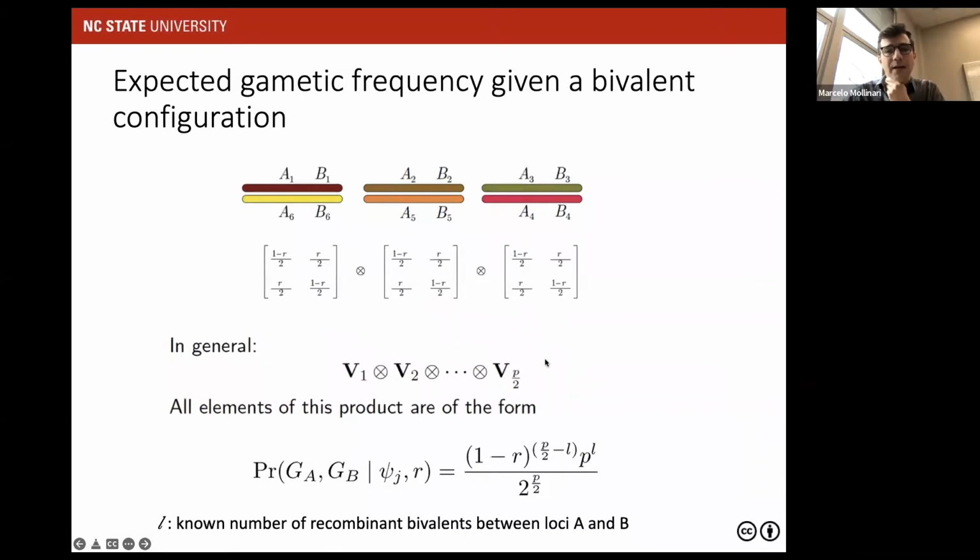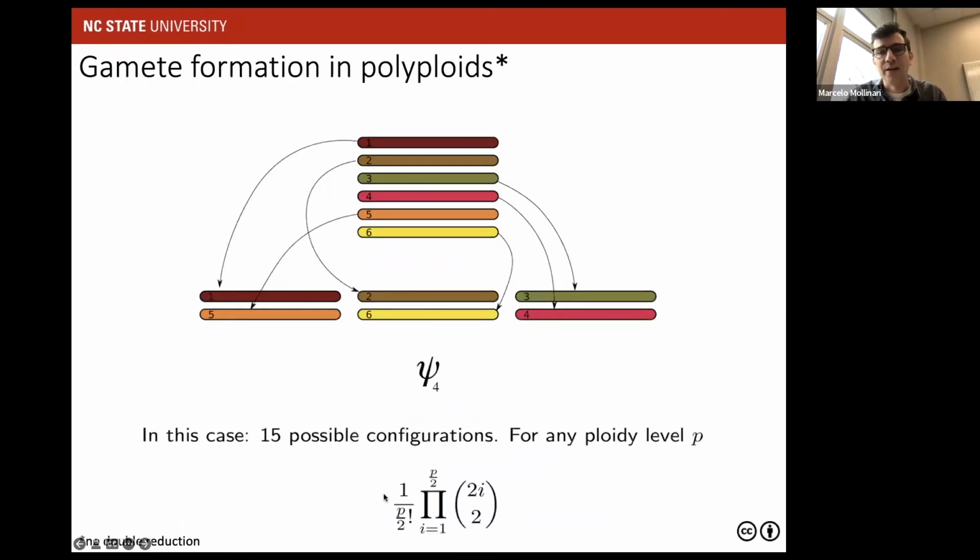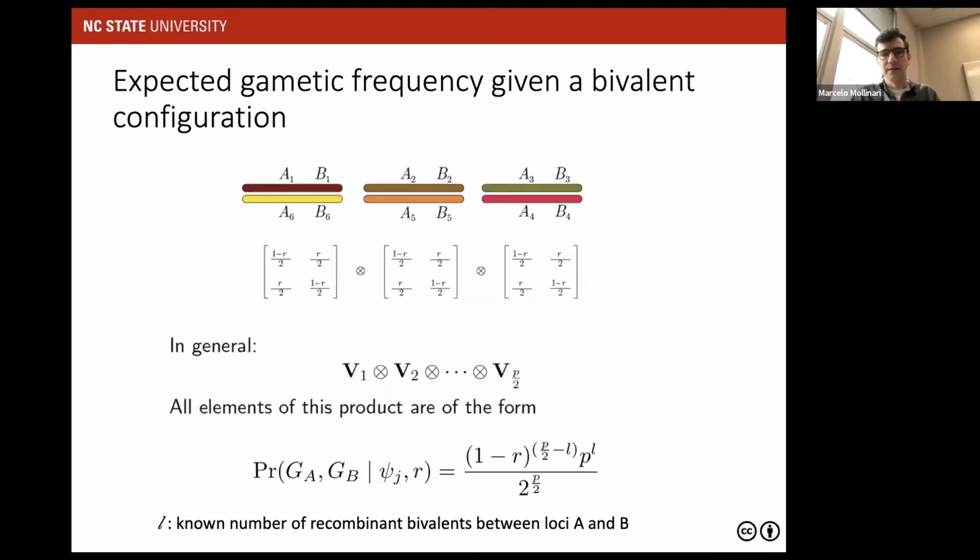And then it's very interesting because you can do this for any ploidy level, and you have a very simple formula for any ploidy level, given one possible configuration and one recombination fraction here. This possible configuration we call psi, right? So here we have several psi's, and given one of these psi's, this formula holds, where L here is the number of recombinant bivalents we have between these two loci.